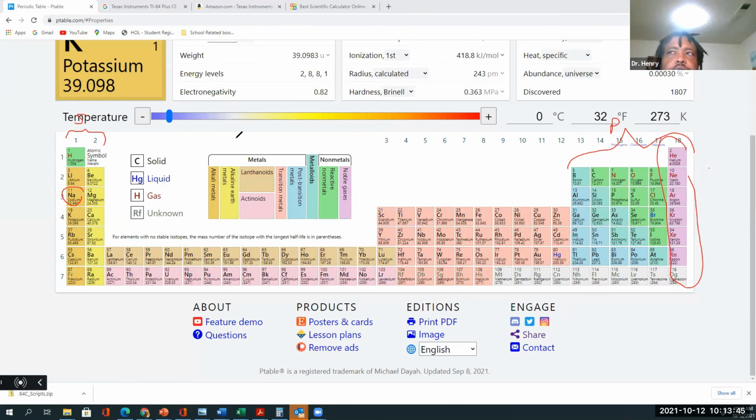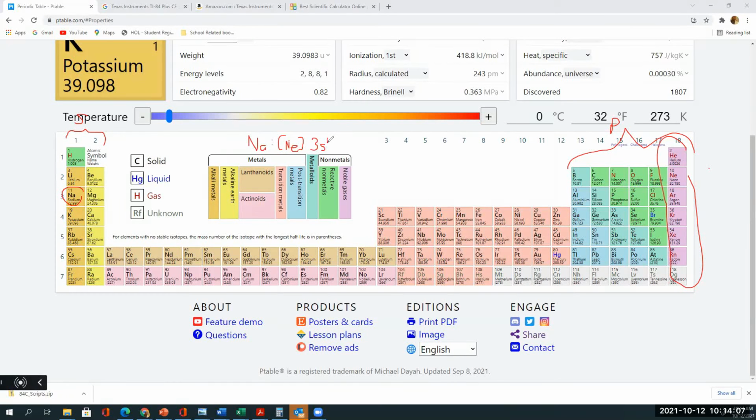Okay. So for instance, if we take a look at sodium, can we write the electron configuration for sodium? Short way. Neon 3s1. Okay, so the 3s1, that one electron, is the one electron that sodium is away from being neon, because otherwise it would have the same number of electrons as neon.